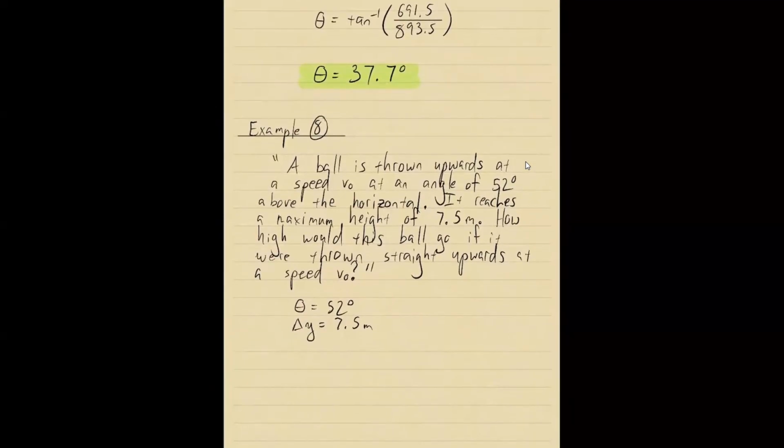At the max height, the y component of our velocity has to be 0. So if we use Vy squared minus the y component of our initial velocity vector squared, that should be equal to 2 times our acceleration in the y direction times our displacement.